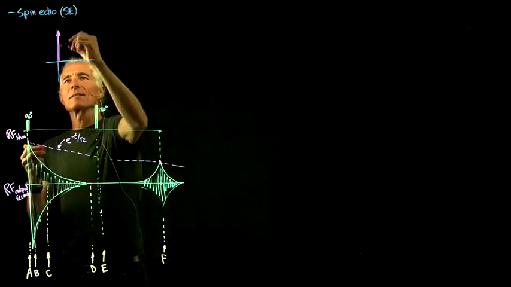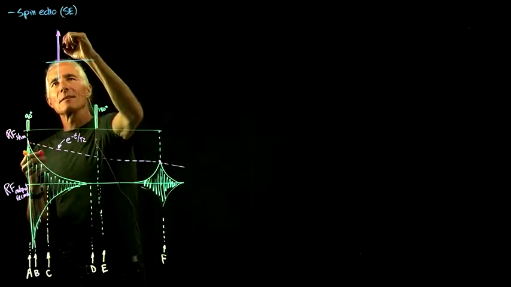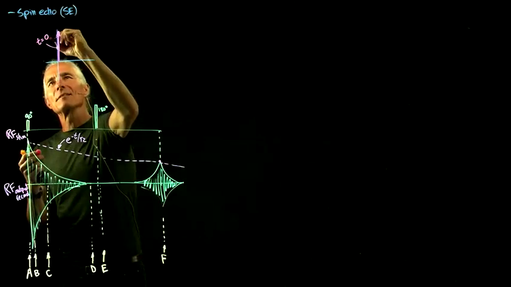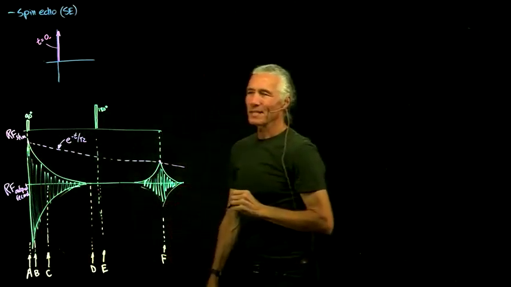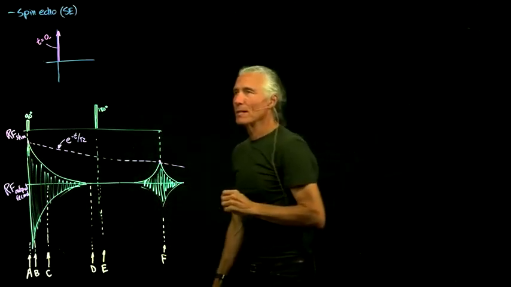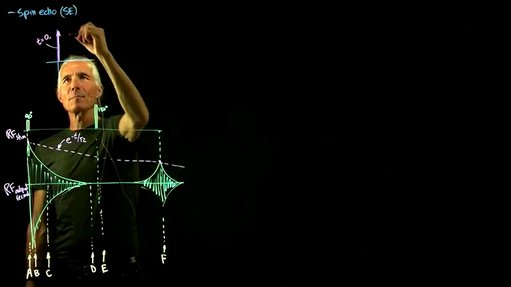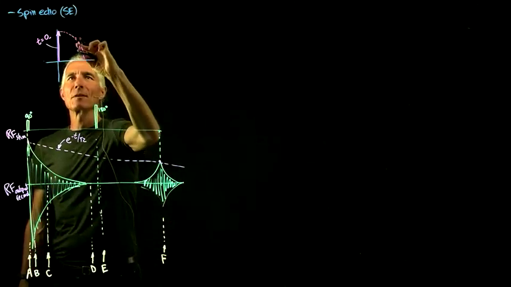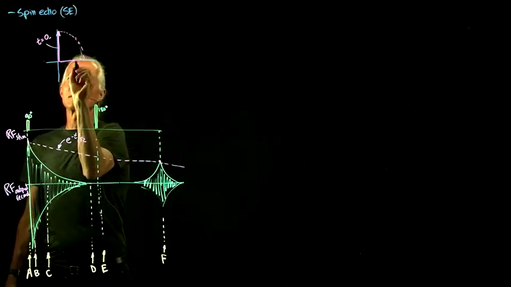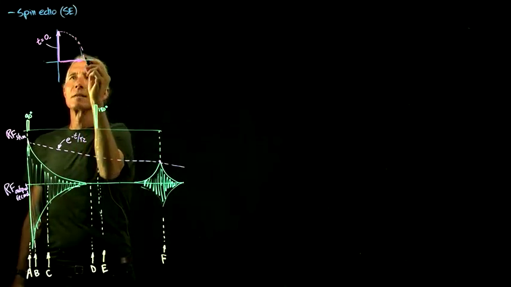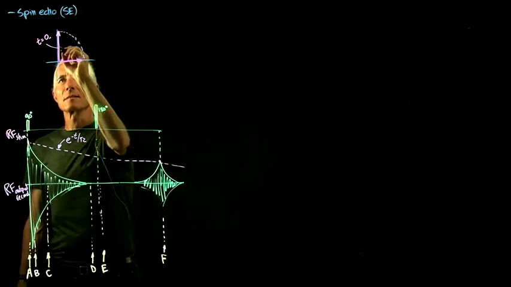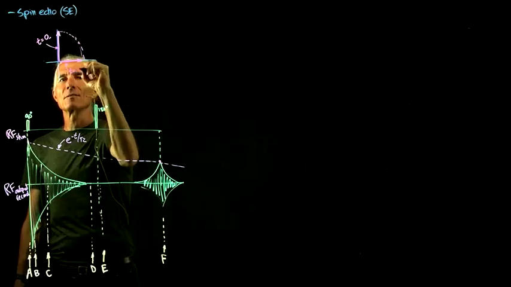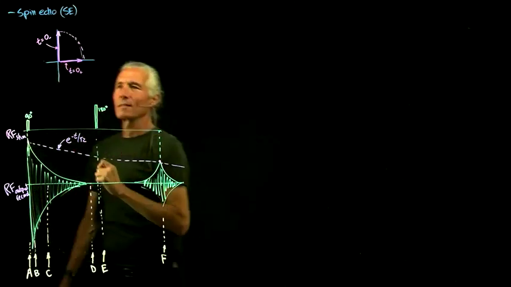So this is T equals 0 minus, meaning right before the pulse. And then immediately after the pulse, if we did a perfect 90-degree pulse, we'd end up with this situation. So this would be t equals 0 plus, just after the pulse.